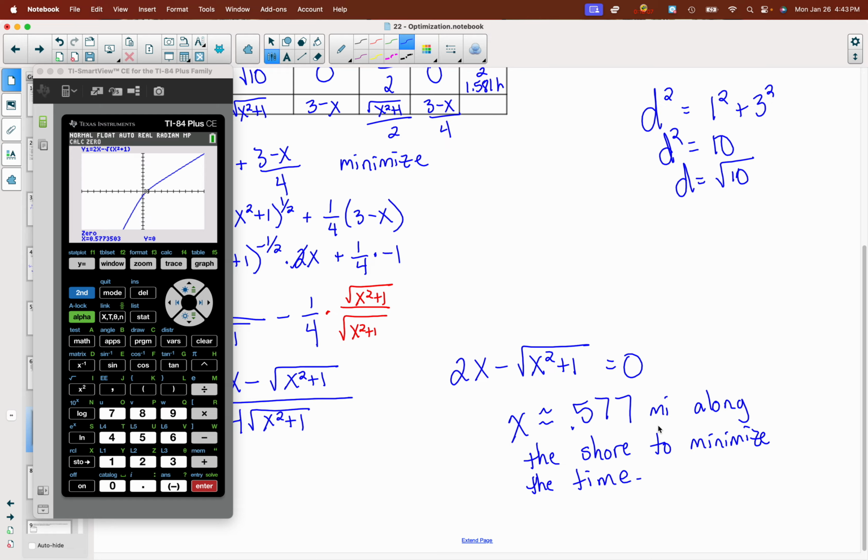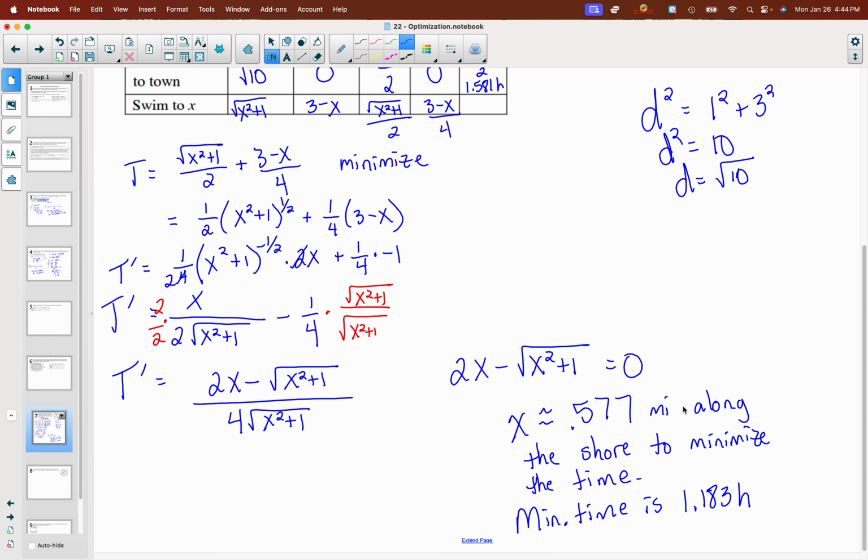And it's a good idea then to plug that value back into your equation for your time. If you do that, you should find that the minimum time is 1.183 hours. So again, that would be plugging back in your value for x into our expression for time.